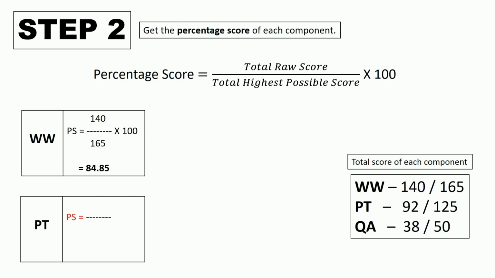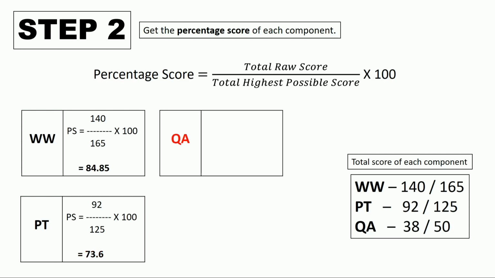Next is the performance task. Percentage score is equal to 92 divided by 125 times 100, we have 73.6. The last one is the quarterly assessment. Percentage score is equal to 38 divided by 50 multiplied by 100, which is equal to 76.